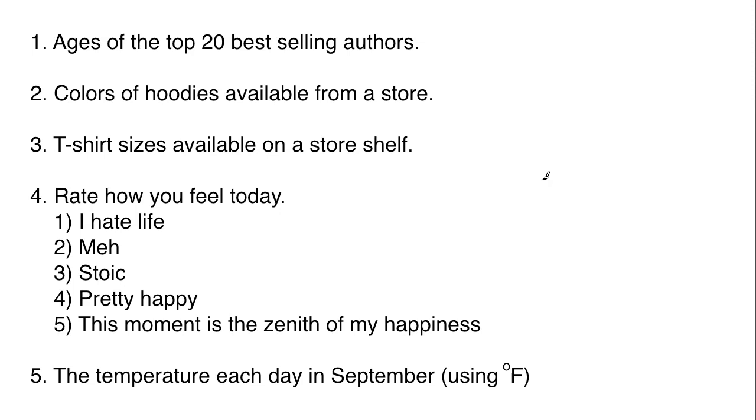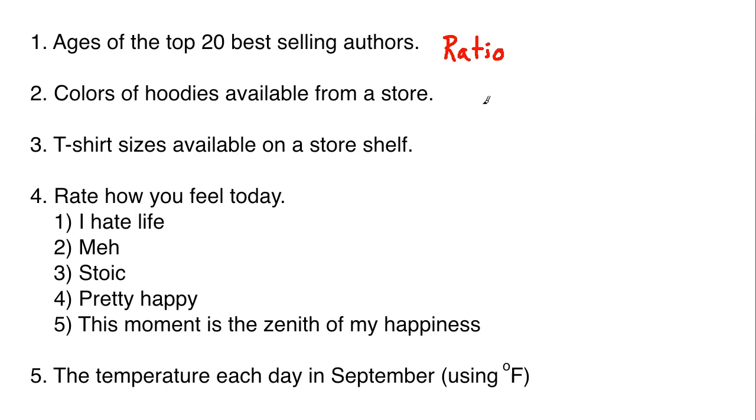So ages of the top 20 best-selling authors. Technically, as ridiculous as this may sound, this is ratio. Okay, it's ratio because there is a number that I can associate with the ages themselves, right? I can't say that it's just nominal or ordinal because there is some sort of order to the ages that makes sense.